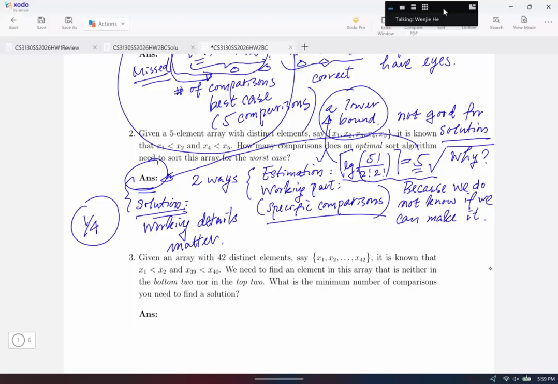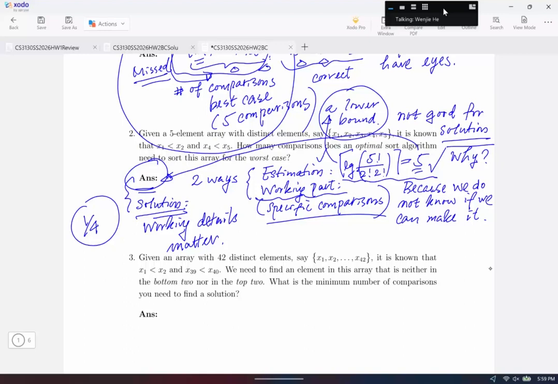What I mean is, if the problem is not too hard, you try to do the comparison work. If it's too hard, I understand, so you try your best.